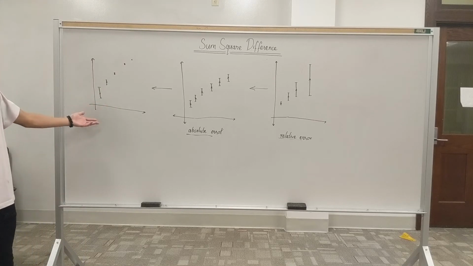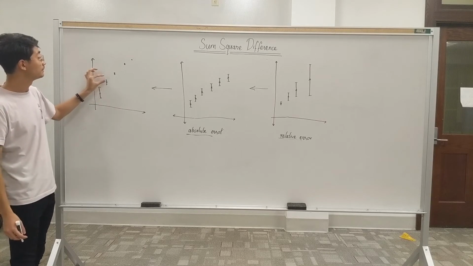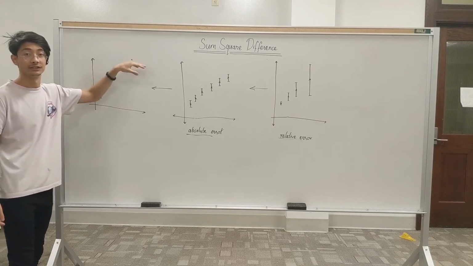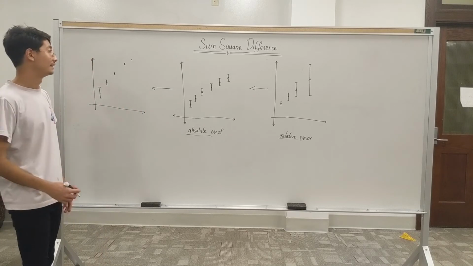As you can see, the error bars are significant at first, but they keep on getting smaller and smaller until the error doesn't exist at all. And that is not what we want.